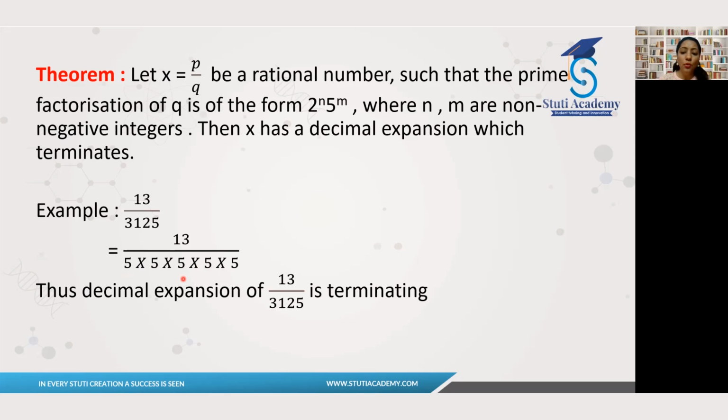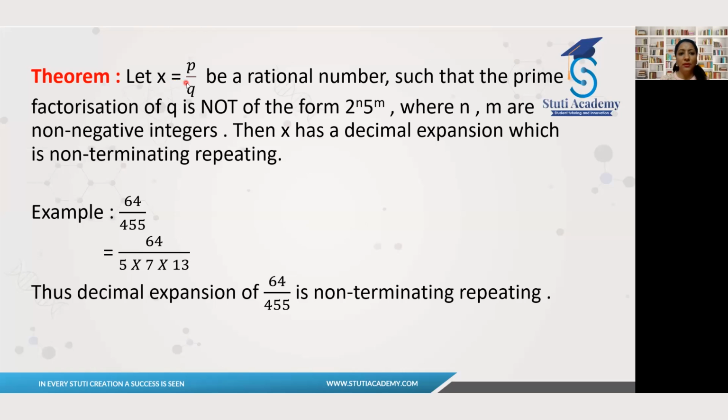As I just told you, a rational number will have a terminating decimal expansion only when the prime factors of the denominator q are either 2 or 5 or both and nothing else except that. So in this case, we have 5 raised to the power 5. So this has a terminating decimal expansion.